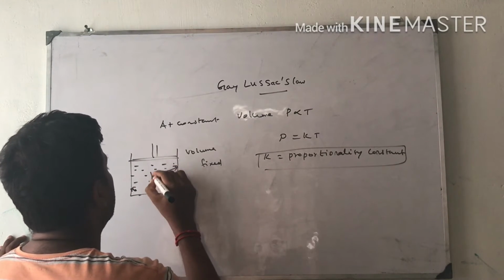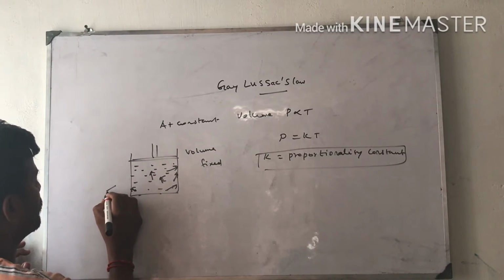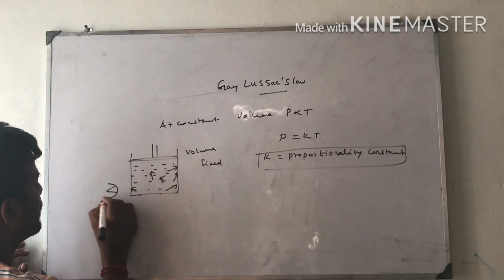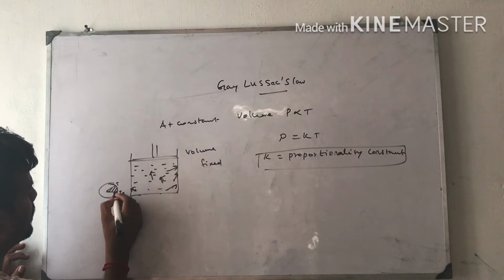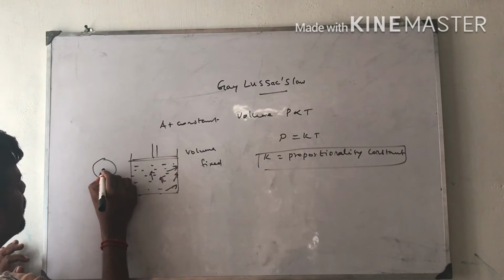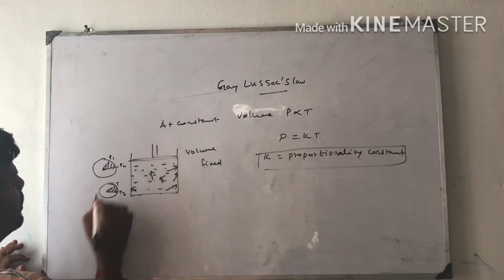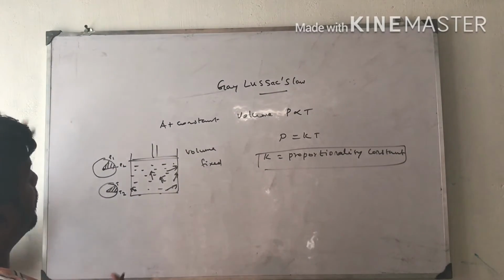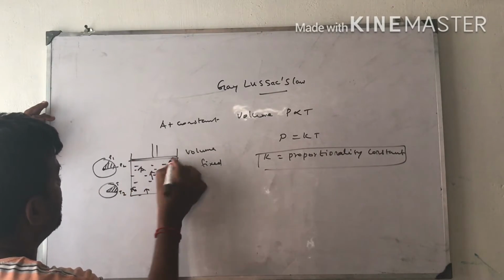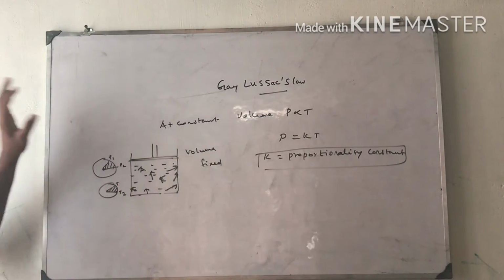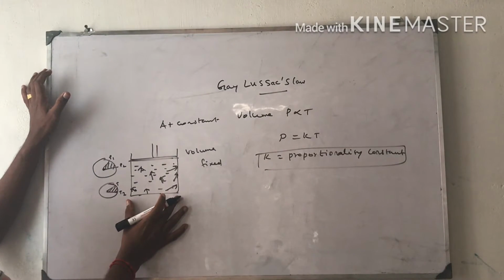If I increase the temperature from initial temperature T1 to T2, automatically pressure P1 to P2 increases. Volume will be fixed. Volume never increases. So this is a container filled with a fixed mass of gas.